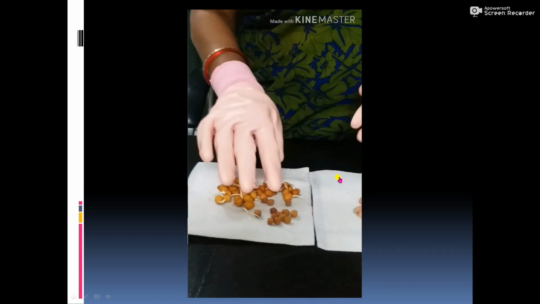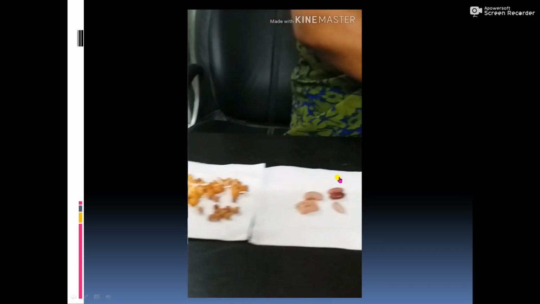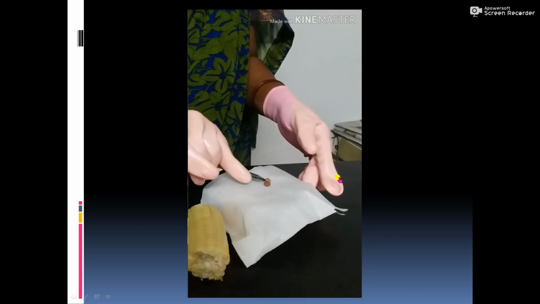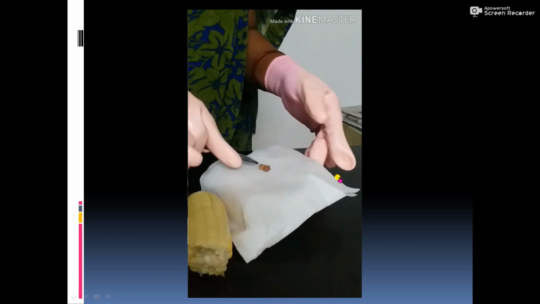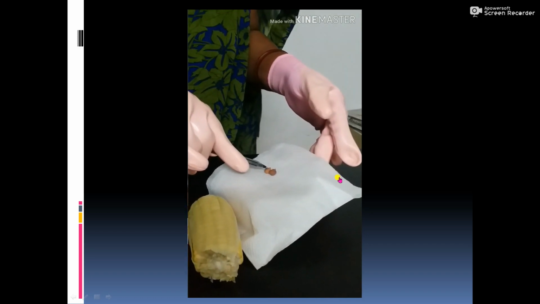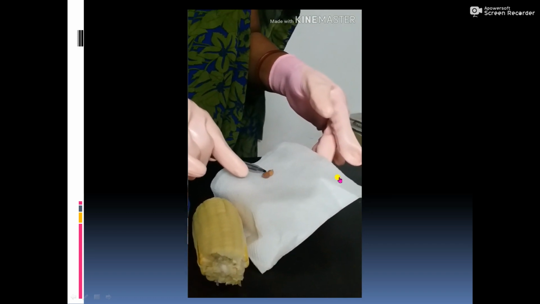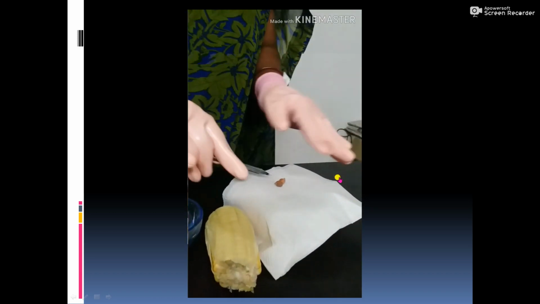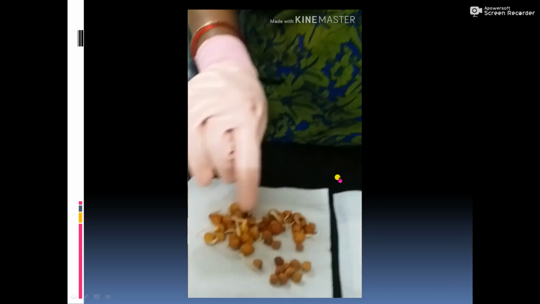But how is this germinated? Look here, the seed contains a minute hole. This is known as the micropyle, through which water enters. Then after entering water, the seed germinates within 1 or 2 days.